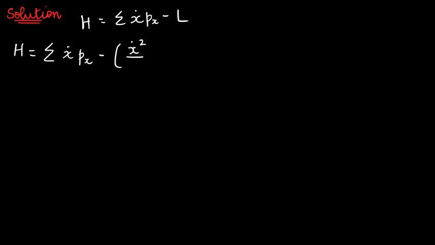So the L to H conversion is very easy, which is given as, so here we have to find our H. So I can write this conversion as H is equal to x dot px minus L. So now I can write this as summation x dot px minus x dot square by 2x minus v of x.